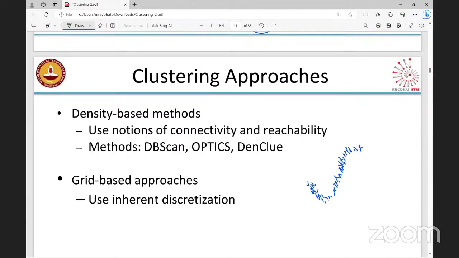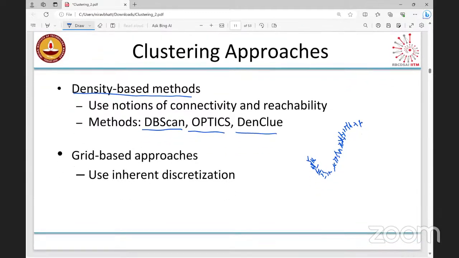Density-based methods use some notion of connectivity and reachability, which basically describe how far different points are from other points, and create the clusters. There are very famous methods called DBSCAN, OPTICS, DENCLUE, which are density-based clustering. Then, similar to partitioning, there are grid-based approaches that use inherent discretization of the data points to create clusters.